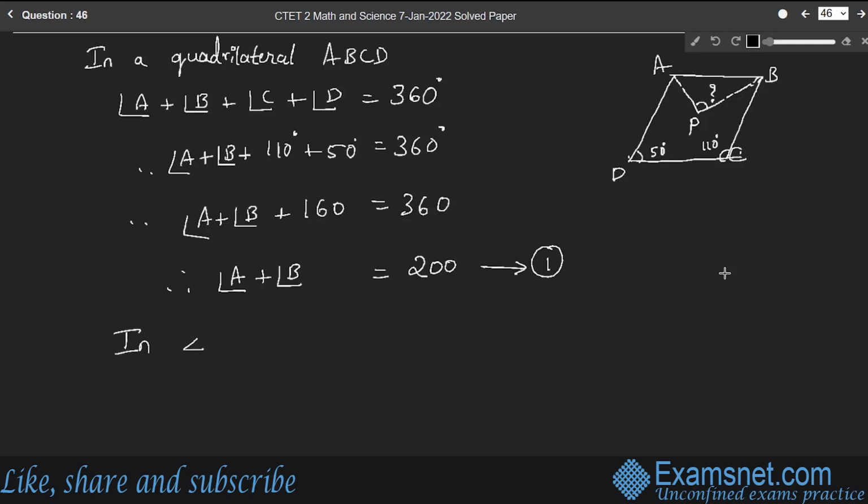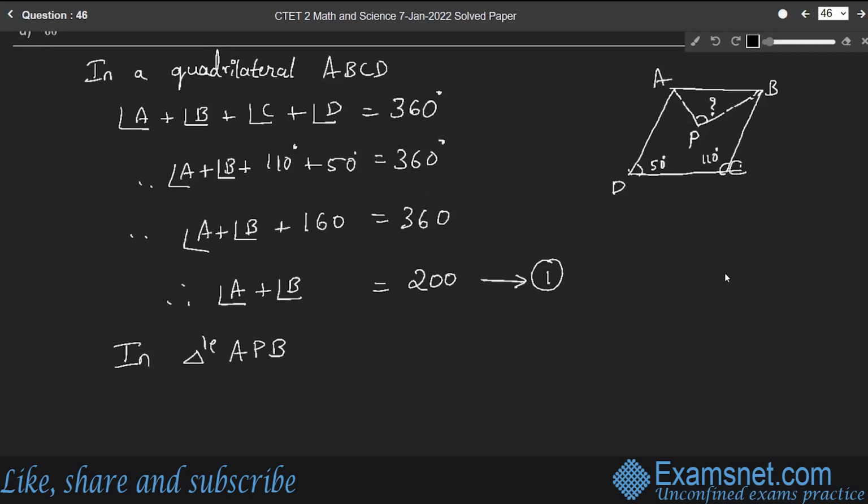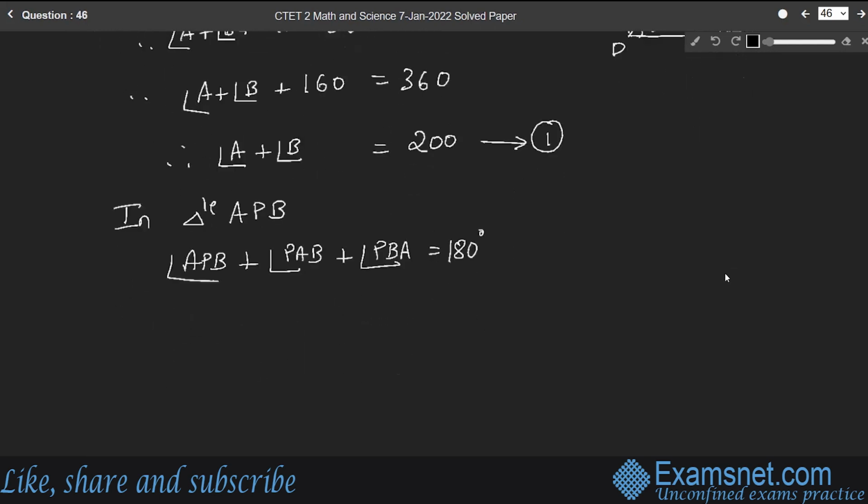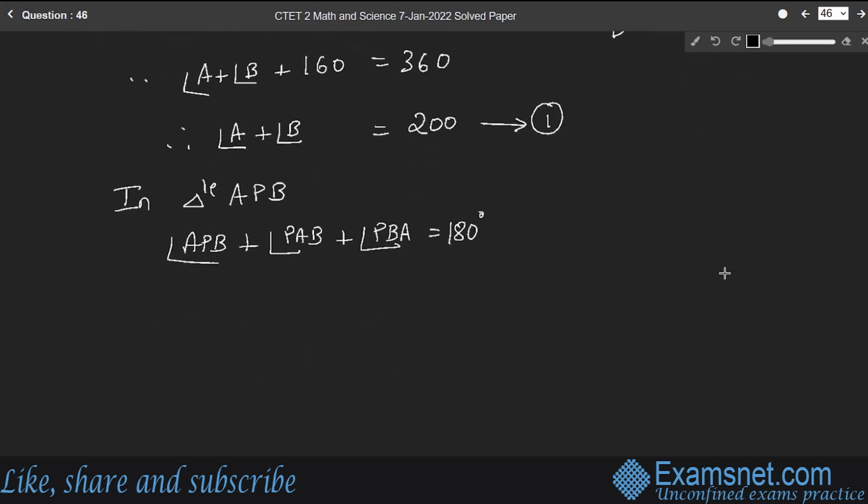In triangle APB, angle APB plus angle PAB plus angle PBA is equal to 180 degrees. Sum of the interior angles in a triangle, right? So here angle APB plus what is PAB?